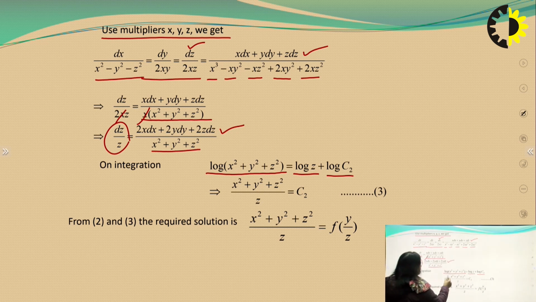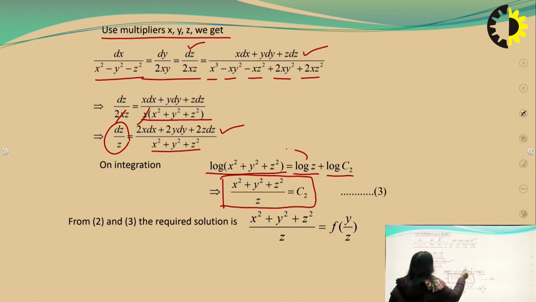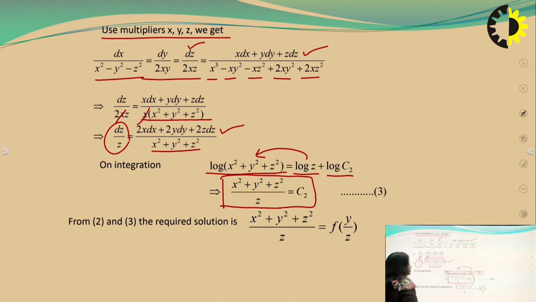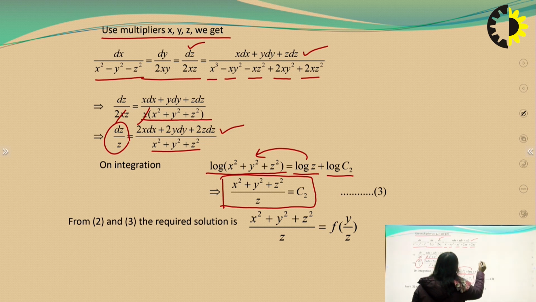So the solution I am getting here is x squared plus y squared plus z squared divided by z, because this log comes on this side, and log of a minus log of b will be log of a upon b.